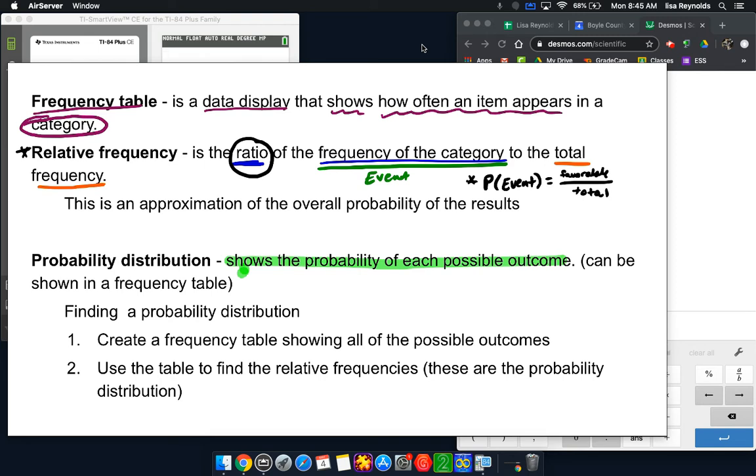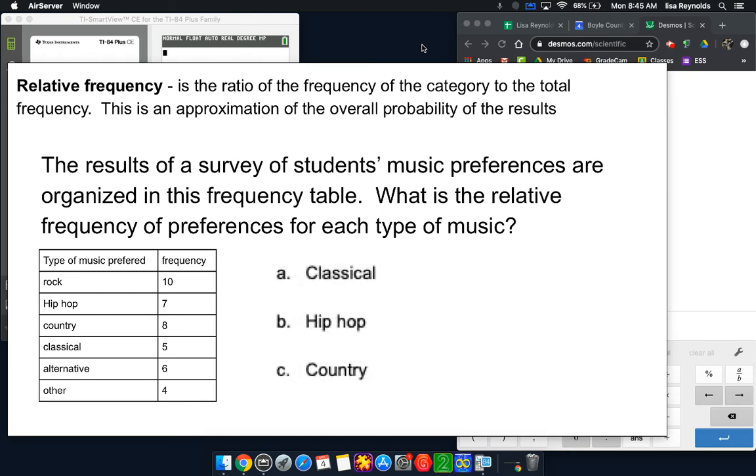So here's our first question. They have a frequency table for us. We have our different categories, and we have how frequent each item happened. So we're going to find the relative frequency. Our relative frequencies are ratios. So we have the fractions, and we have our frequency of category.